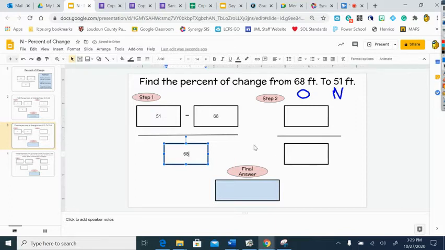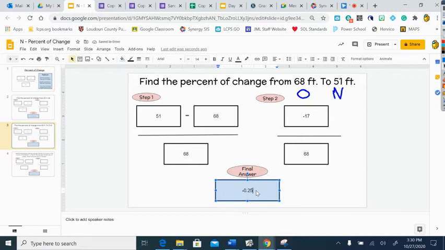So if I picked up my calculator and I then did 51 minus 68, I got negative 17. And for now, I'll leave the negative 17 in my problem. Next, I'll divide those two. Negative 17 divided by 68. And I got negative 0.25.